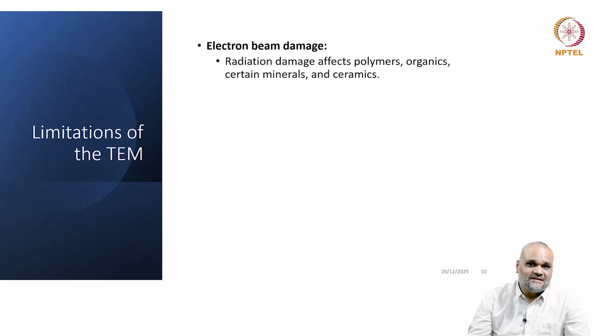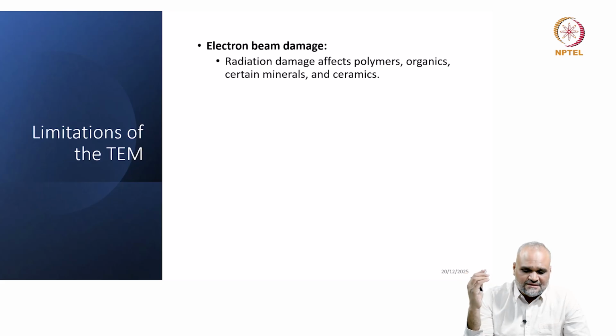I would say aluminum as well, if it is not very thick and your beam currents are high, while you are recording some EDS spectra or mapping, you might actually make a hole through an aluminum sample in a transmission electron microscope, even at 200 kV. I can show you the examples a little later. So this is what you have in electron beam damage.